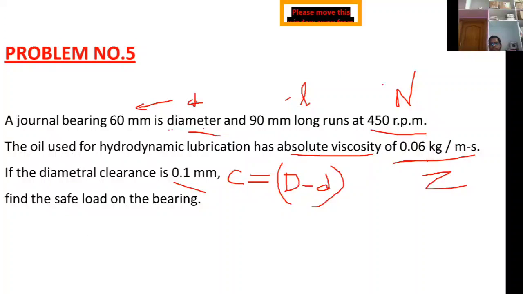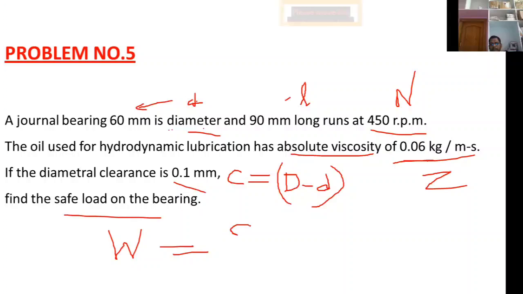By using these details, you have to find the value of safe load, that is W. In this question you have to find the value of W. These are our given data.